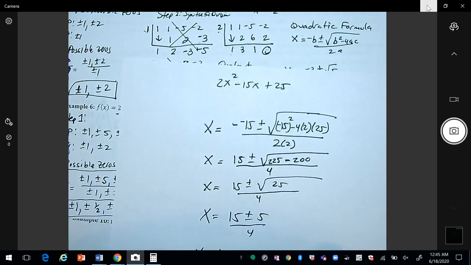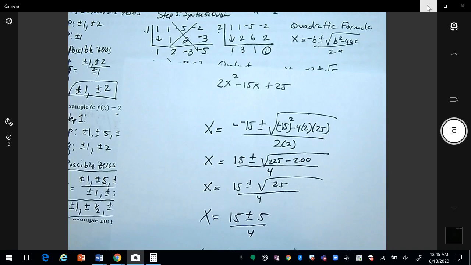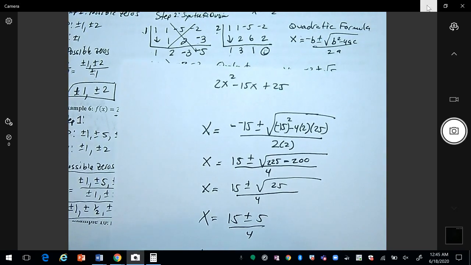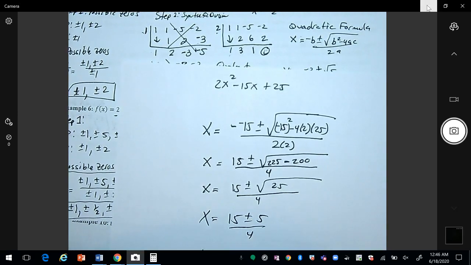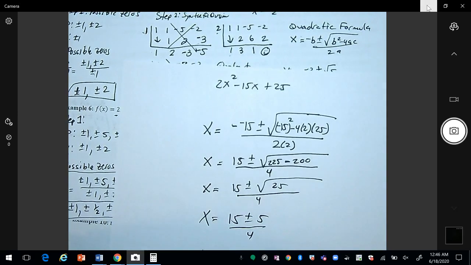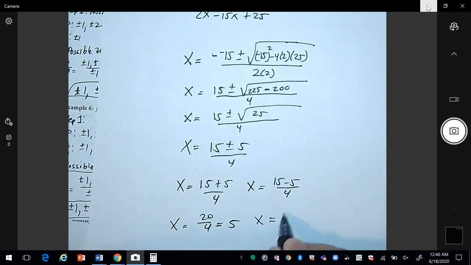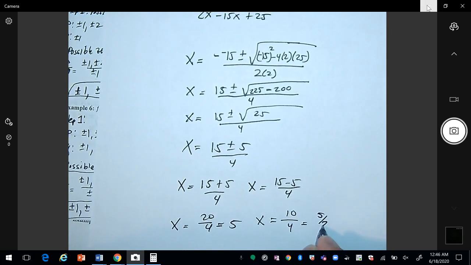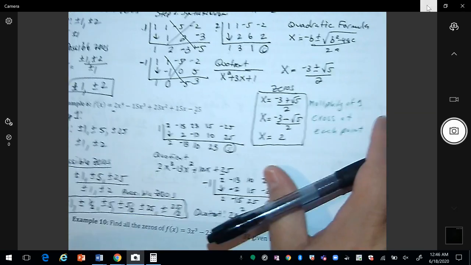So one answer here is 15 plus 5, divided by 4, and your other answer is 15 minus 5, divided by 4. 15 plus 5 is 20, divided by 4, which is 5. And 15 minus 5 is 10, divided by 4, which is 5 halves.